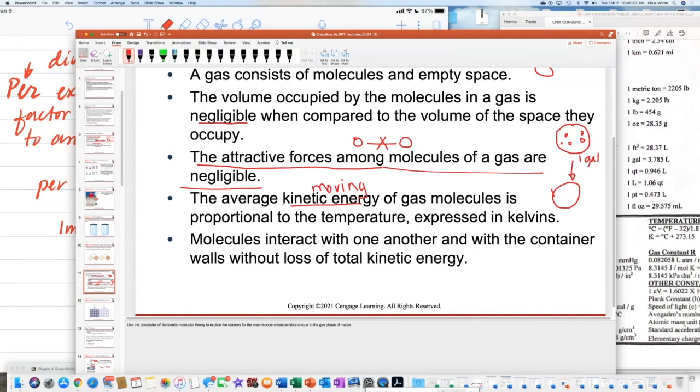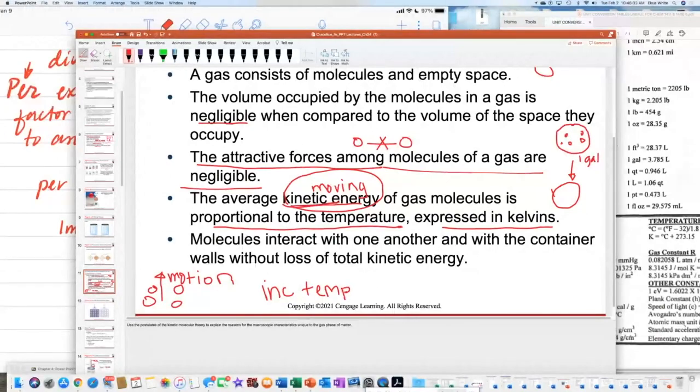So we're told here the kinetic energy of the gas molecules is proportional to the temperature. What does that mean? The temperature expressed in Kelvin. So we'll talk about this some more on Thursday. That means when the molecules are moving around, if you want to increase motion of these gas molecules, in other words, you want to increase kinetic energy, just increase the temperature.